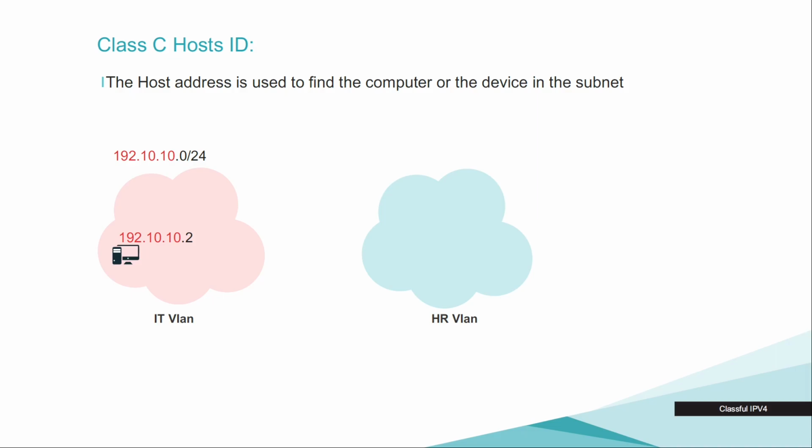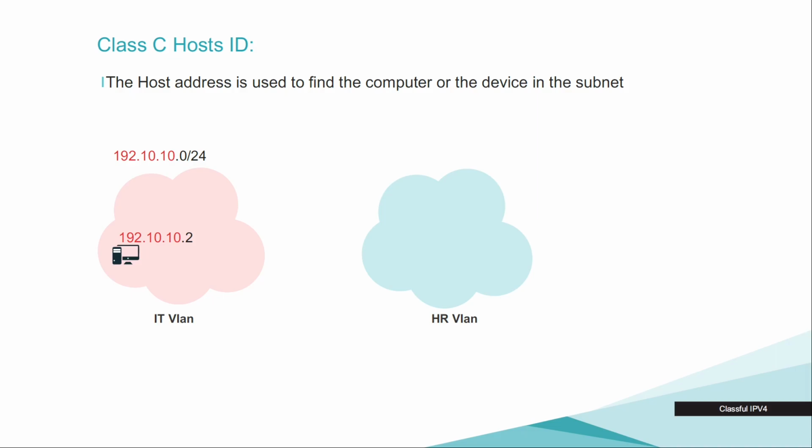After we learn about the network ID, we need to take a look at the host ID. So the host ID or host address is used to find the computer or a device in a subnetwork. So in our example, we use the subnet 192.10.10.0/24 for the IT VLAN.